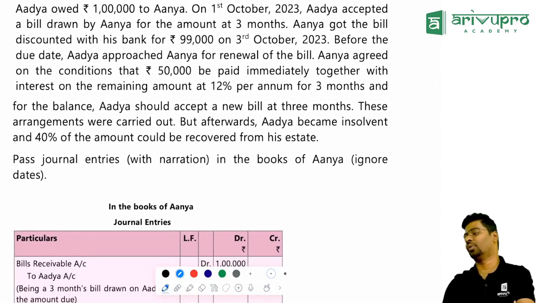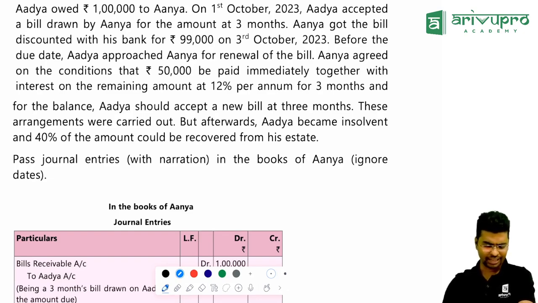Adya owed 1 lakh to Ananya. Adya accepted the bill drawn by Ananya. We are trying to make entries in the books of Ananya. So Adya accepted the bill. Ananya got the bill discounted with the bank.